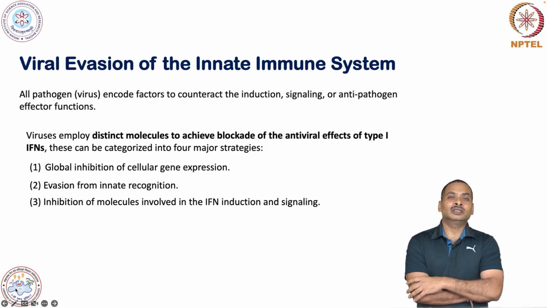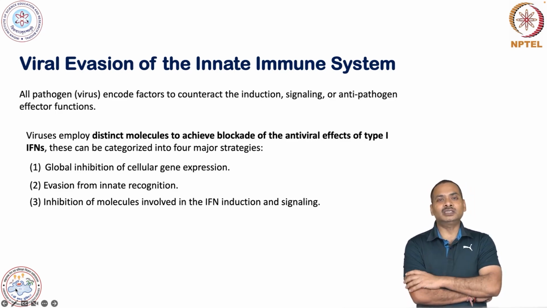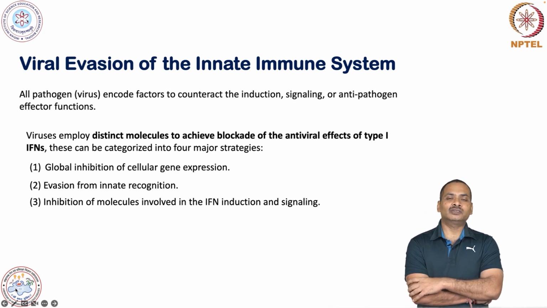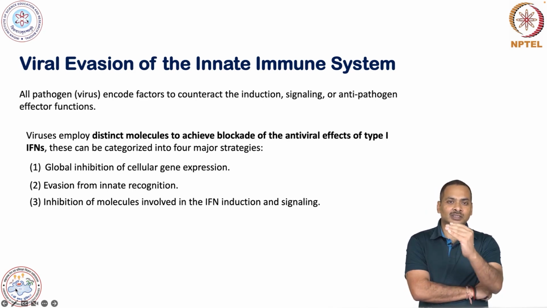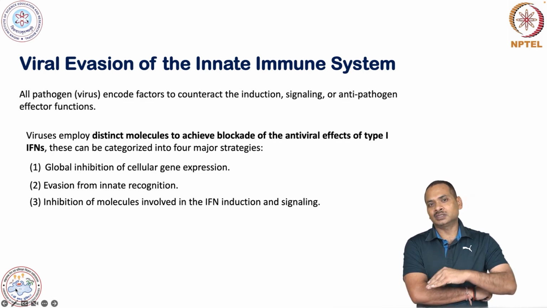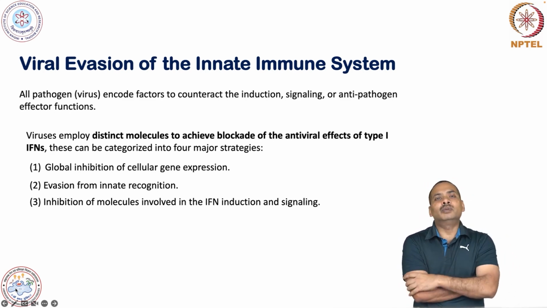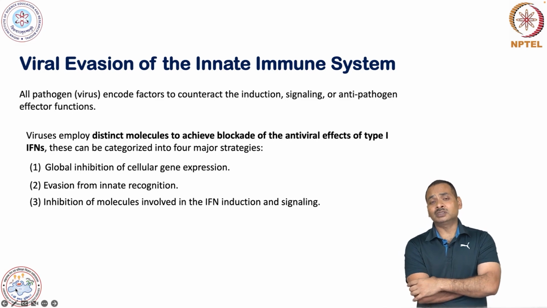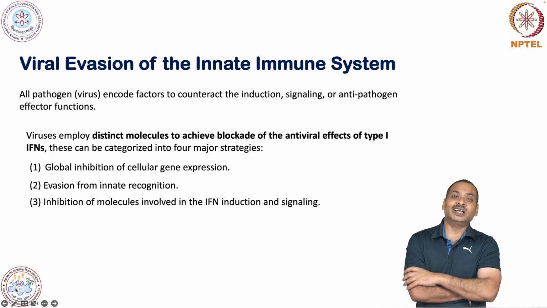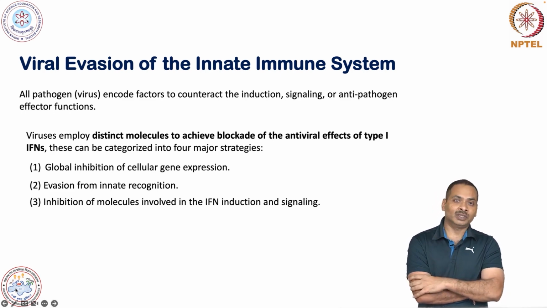Here there are two major ways by which type 1 interferon is produced. One is PRR mediated production of type 1 interferon, and another is that this small amount of type 1 interferon binds with interferon receptors, and that triggers the JAK-STAT pathway, and the JAK-STAT pathway produces a huge amount of type 1 interferon.